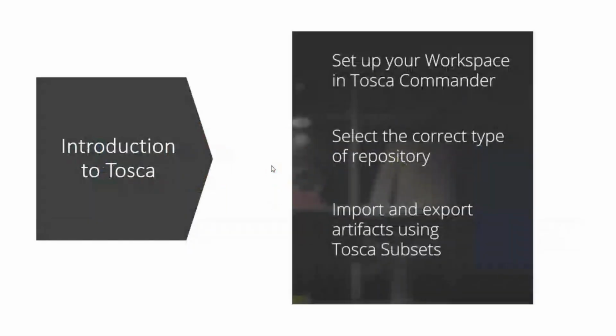Coming to today's introduction to Tosca, first we set up our workspace in Tosca Commander. Later, we select the correct type of repository, and then we import and export artifacts using Tosca subsets.